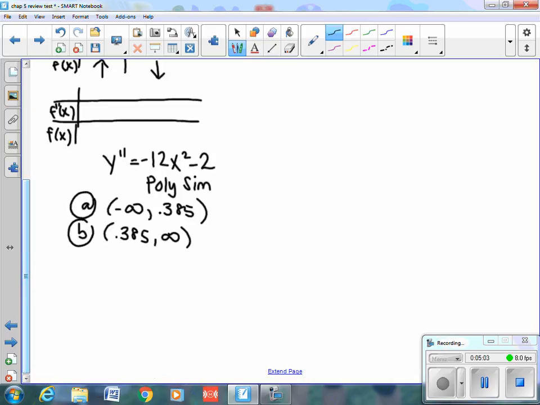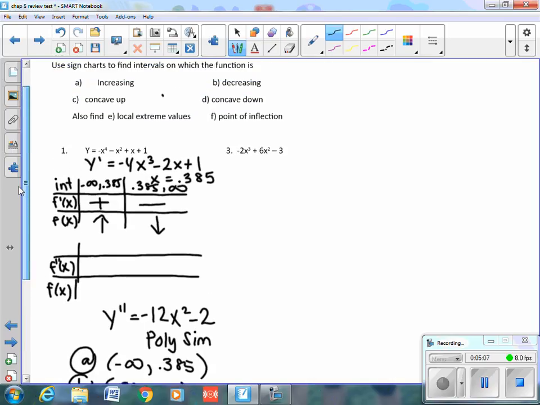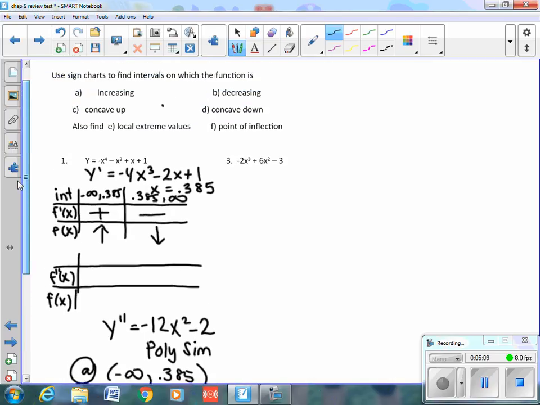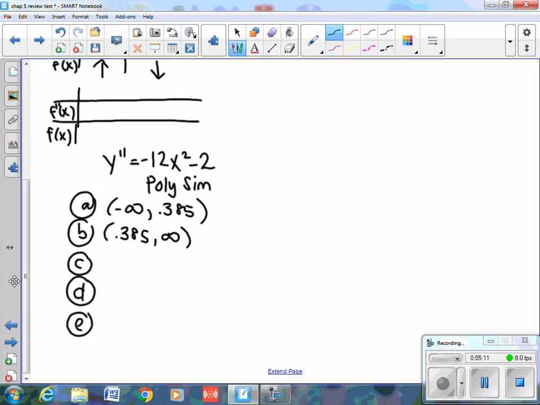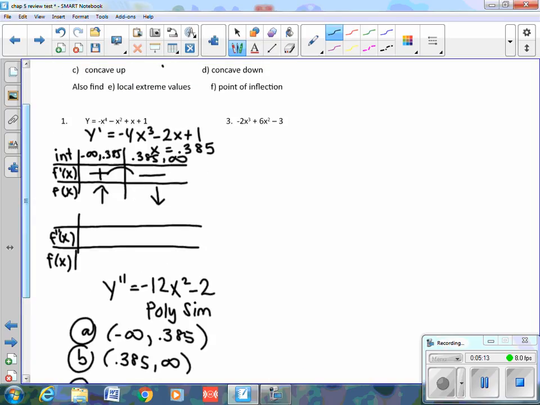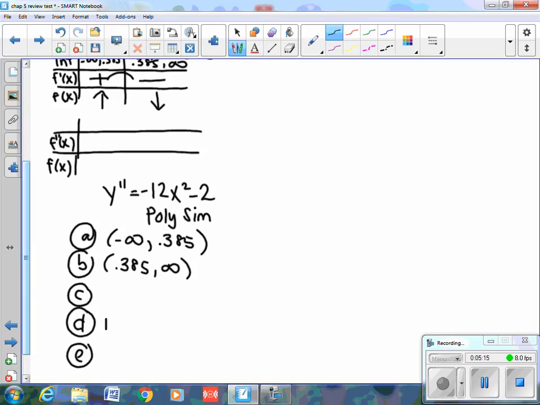I'm going to talk about that in a minute. E, I went from positive to negative, so there's a maximum. Whoops, right here. There's a maximum at 0.385. Plug that back into the original, and you're going to get 1.215 for the y value.